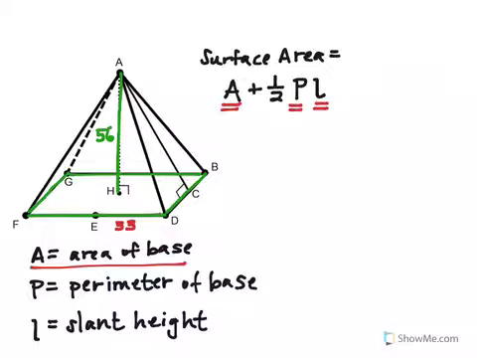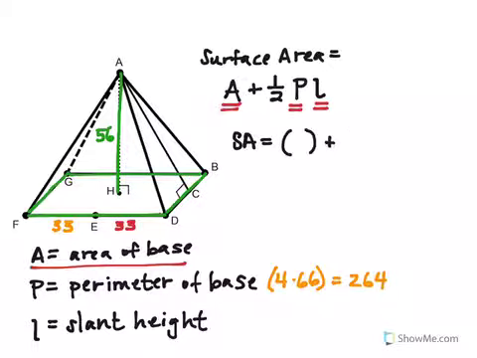Well, we already know that the length of one side is 33 plus 33, or 66. So this would be 66 added up 4 times, or my perimeter would be 4 times 66, which is equal to 264. So as we fill this out, surface area is equal to the area of the base plus 1/2 times the perimeter times the slant height.